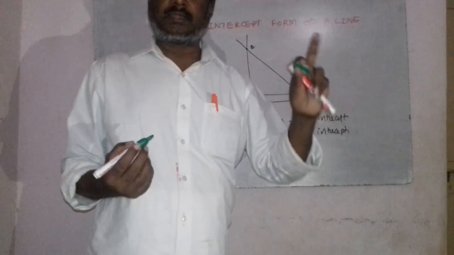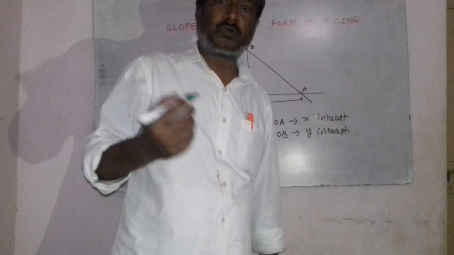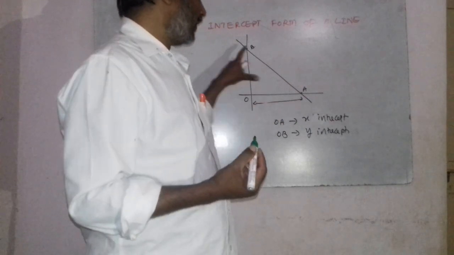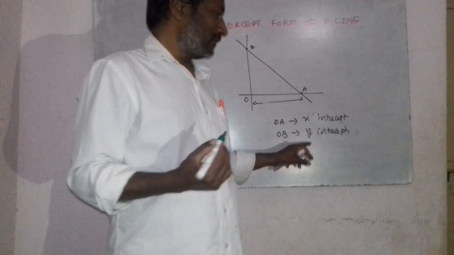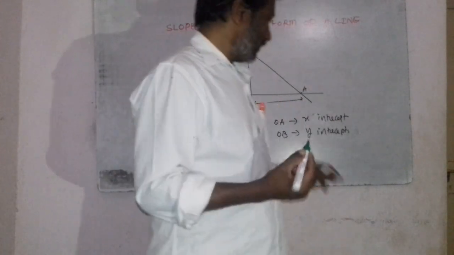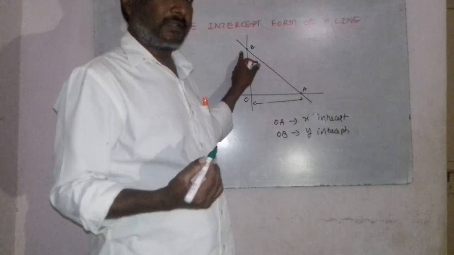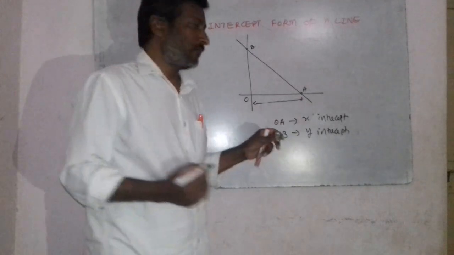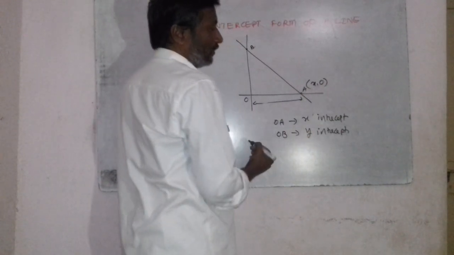If a straight line cuts the coordinate axis, then OA and OB are known as x-intercept and y-intercept respectively. So here OA is x-intercept, OB is y-intercept. The coordinates of A are x comma 0.